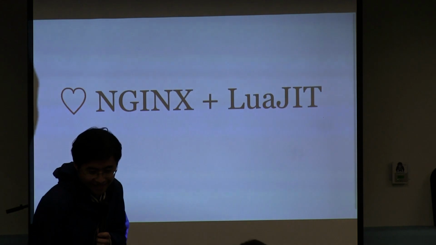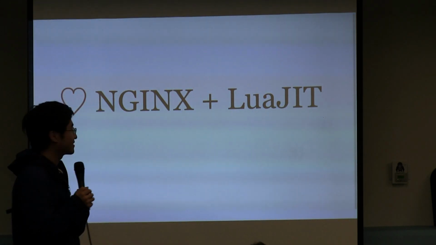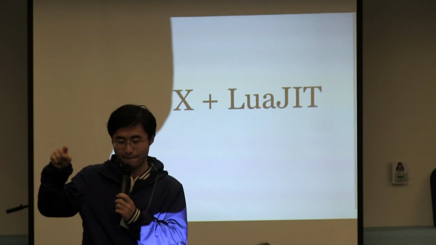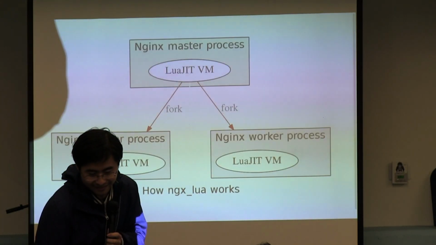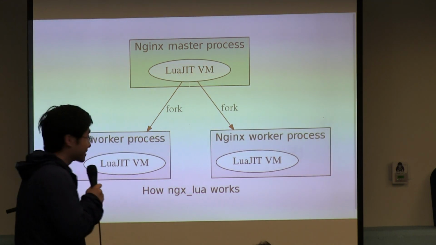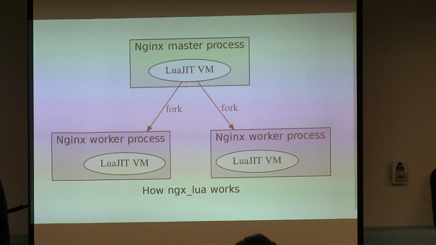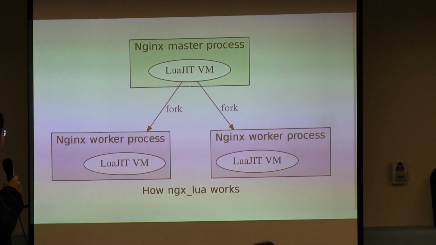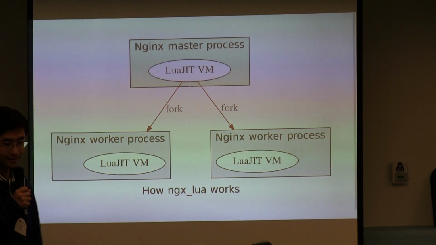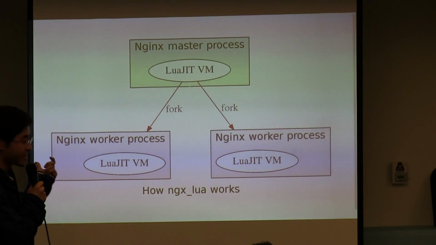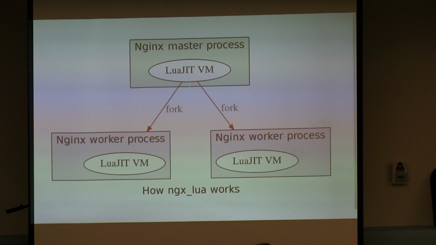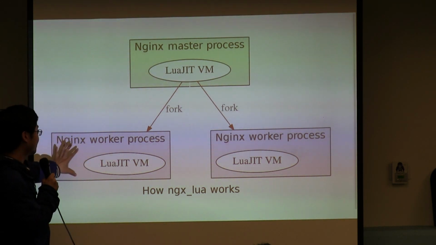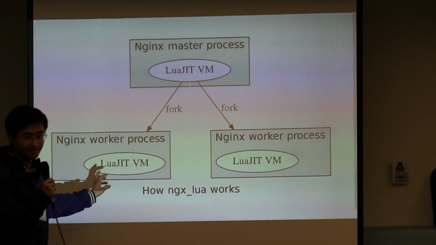So what is OpenResty? At the highest level, it is NGINX plus LuaJIT, but we can add much more in the end. And the process model is like this. We have an NGINX master process, which forks multiple NGINX worker processes, each of which has a shared LuaJIT virtual machine instance, so that all the concurrent requests served by each worker process are handled by a single VM.